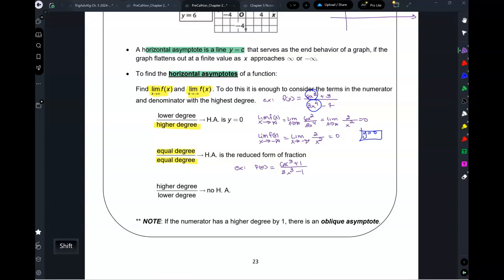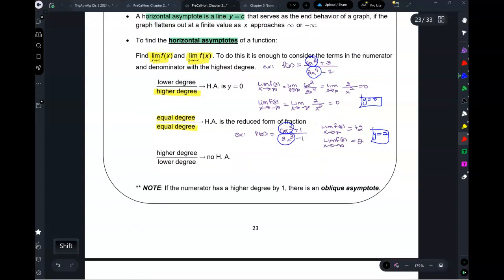The limit of f of x as x approaches infinity is just going to be this over this. What will that be? Just 2. And same if it's negative infinity, just positive 2. So the horizontal asymptote is y equals 2. You just take the coefficients, and you reduce.